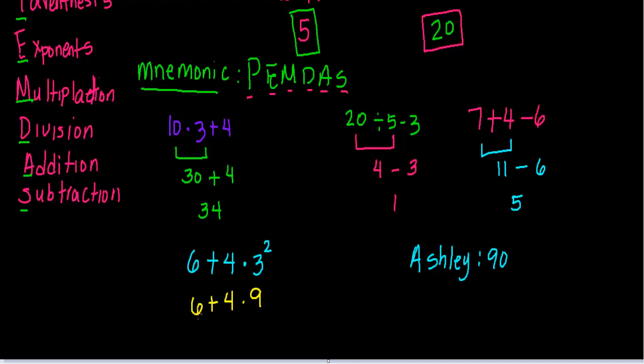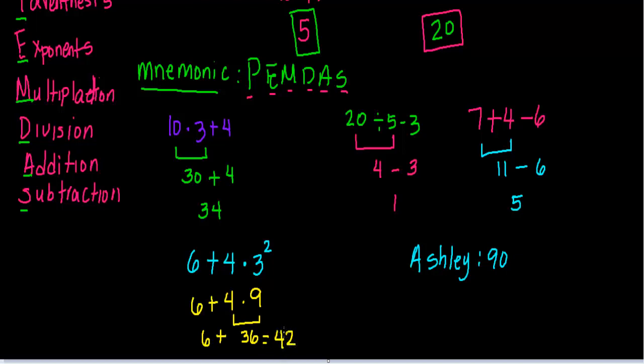Let's do order of operations again. I have an addition and I have multiplication. Which of these two do I do first? The order tells me that I do multiplication first. So let's multiply. 9 times 4 is 36. Bring down the plus, bring down the 6, and we get 42.